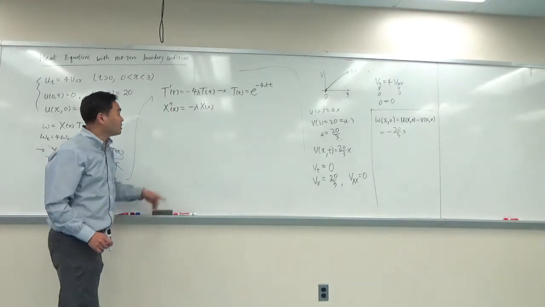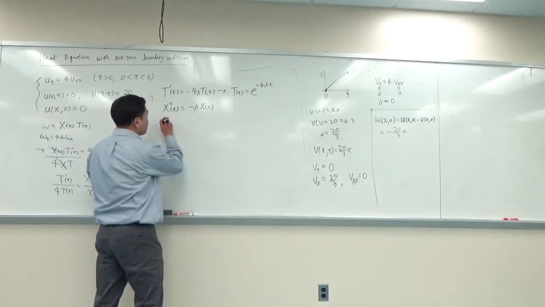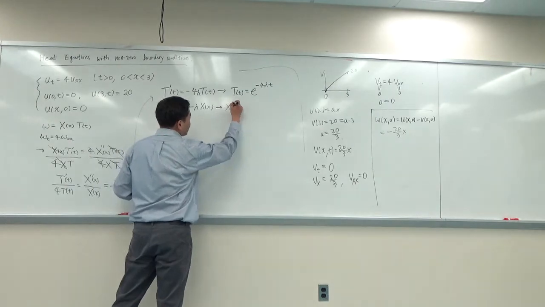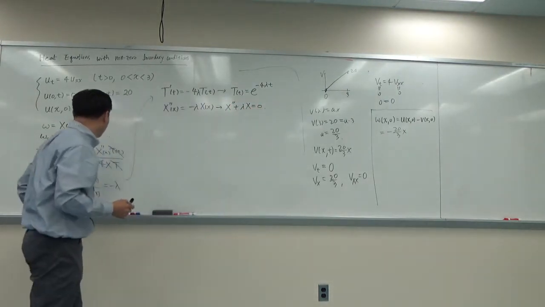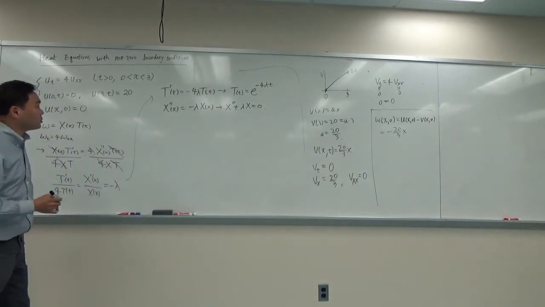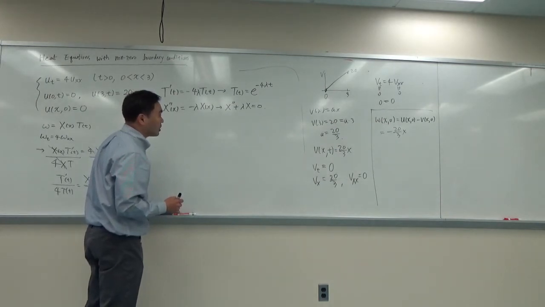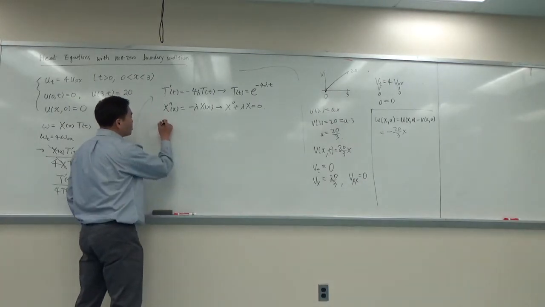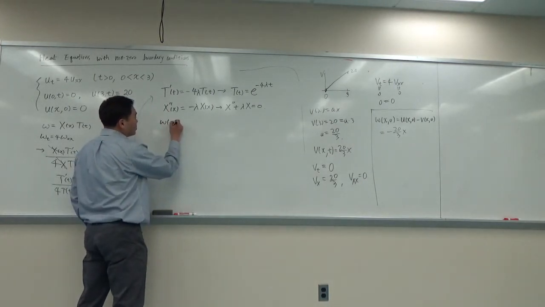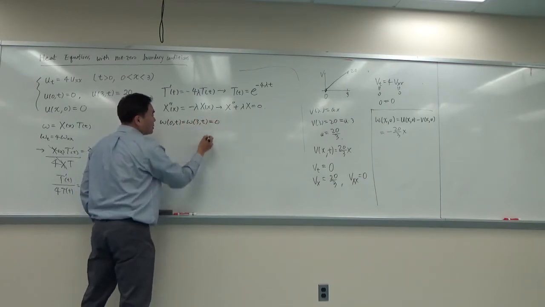Right? Now this one's not so easy because first you have to write this as X double prime plus lambda X equals 0. And then we also have to assume that, I deleted the boundary condition for w, but you know w of 0, t and w of 3, t, they were both 0, right?